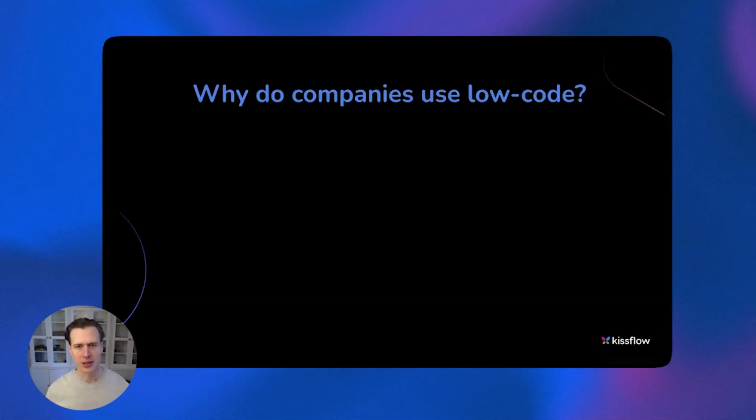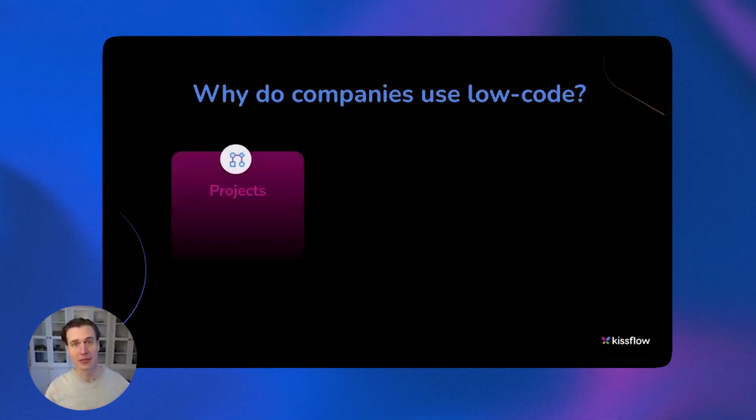Let's look at 3 main use cases for how companies use low-code. There really are different ways to approach it and different reasons people want to get into it in the first place. So on one side, you have a very specific project you want to get done. A specific application, an enterprise-wide application, something that's going to touch everybody, or something that's going to be extremely strategic for the organization.